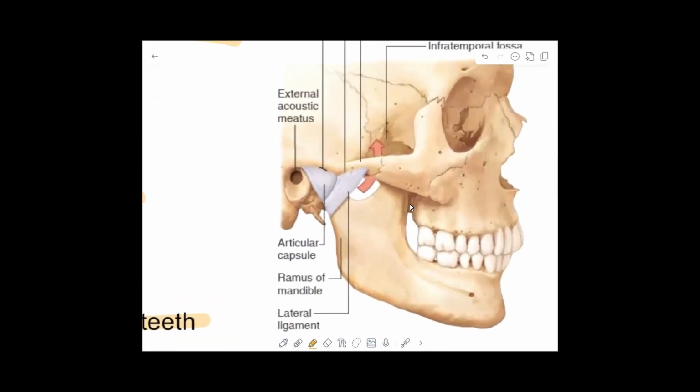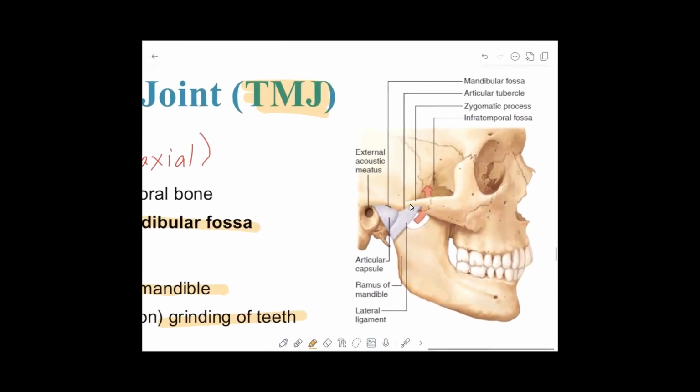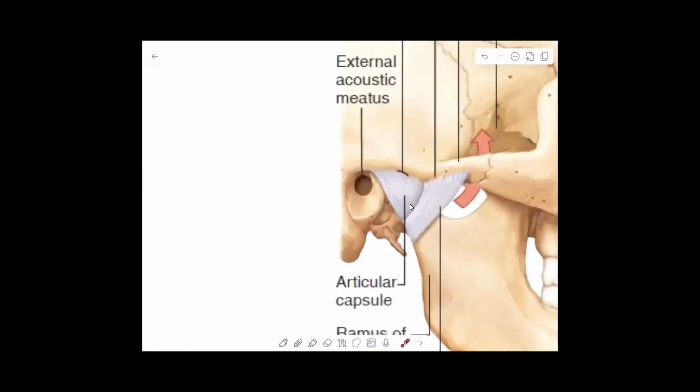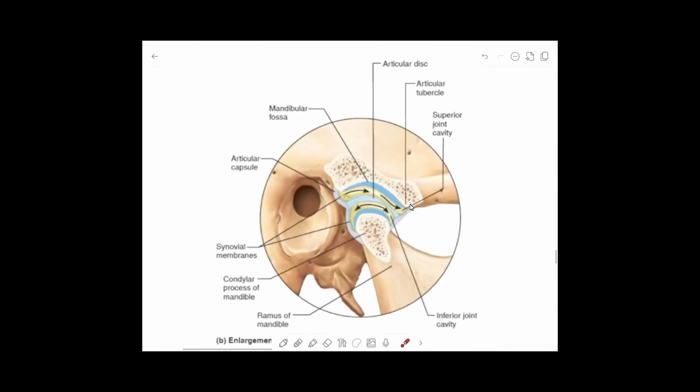So if we zoom in here and look a little more closely, we can see the mandibular fossa in the temporal bone. And we can't see the mandibular condyle just because it is covered up by the articular capsule and some of these supporting ligaments. So when we look at the other images here, you can see it a little more closely as well.